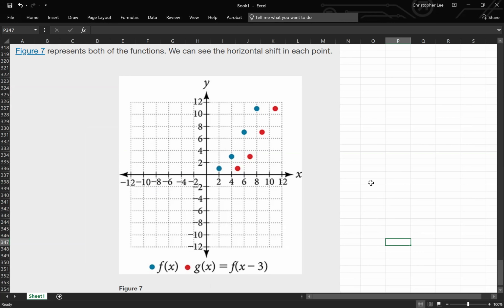We shifted each point 3 units to the right. So they moved in terms of the x-axis, but not the y. They had the same y value, just shifted a little bit to the right. That's what is called a horizontal shift.